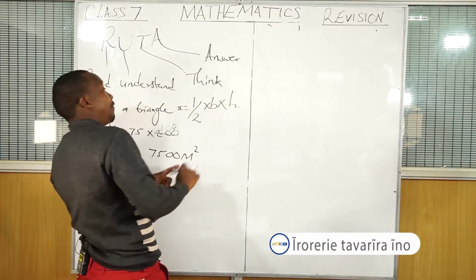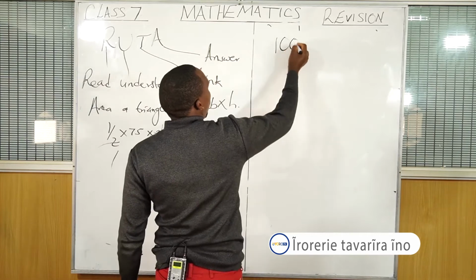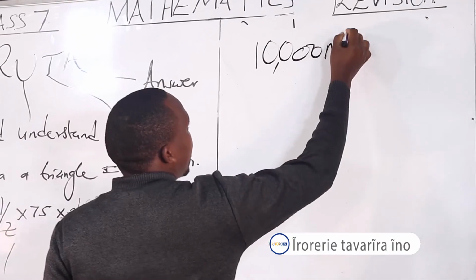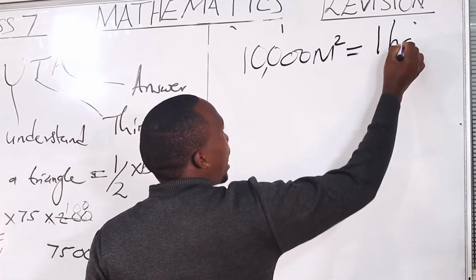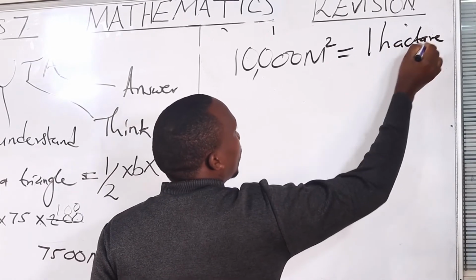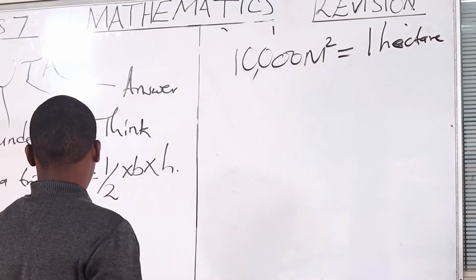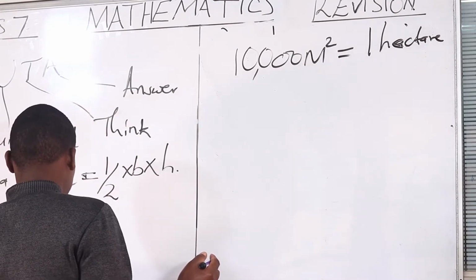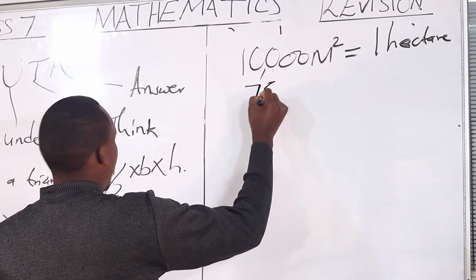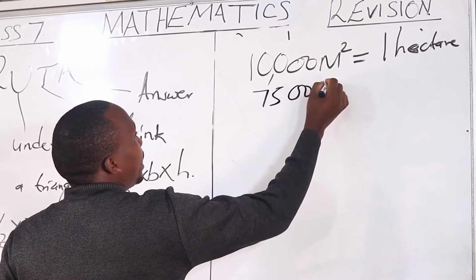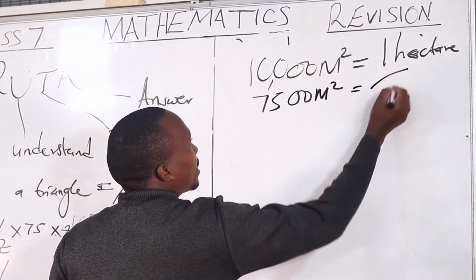And remember, we have already said 10,000 meters squared will give us 1 hectare. 1 hectare is equivalent to 10,000 meters squared. So what about 7,500 meters squared will give us?